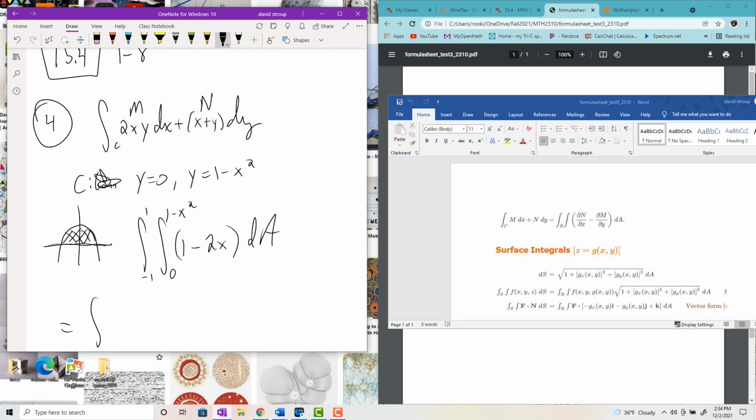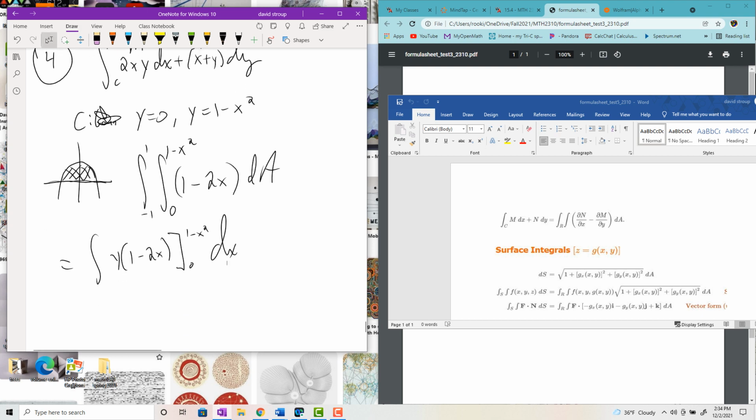If I go with y first, of y minus y, well, I just write it y times 1 minus 2x, and then evaluate from 0 to 1 minus x squared dx, and then I could substitute in 1 minus x squared, 1 minus 2x dx, FOIL that thing out.